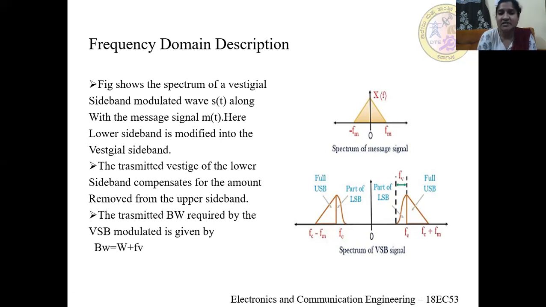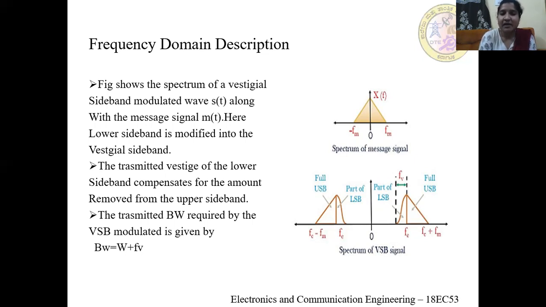So the figure shows the spectrum of the vestigial sideband modulated wave s(t) along with the message signal m(t). Here the lower sideband is modified into the vestigial sideband. The transmitted vestige of the lower sideband compensates for the amount removed from the upper sideband.